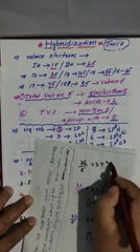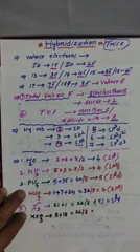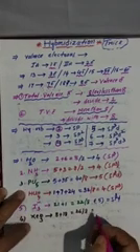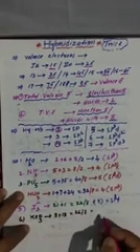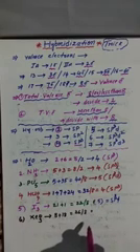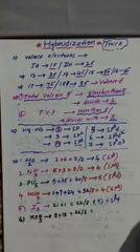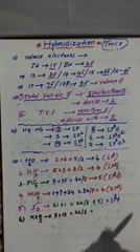That is less than 8, so divide by 2 and you get 1. 3 plus 1 is 4. 4 means sp3. Clear? Like this you have to calculate.